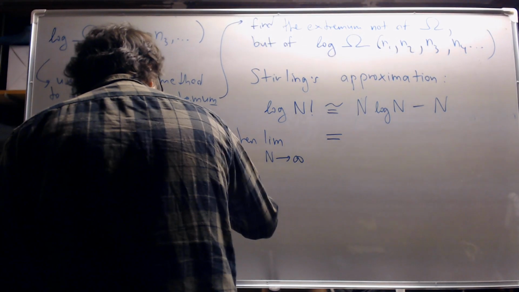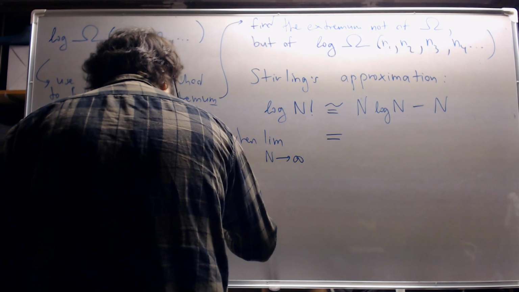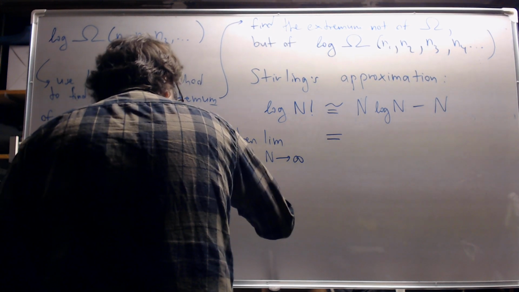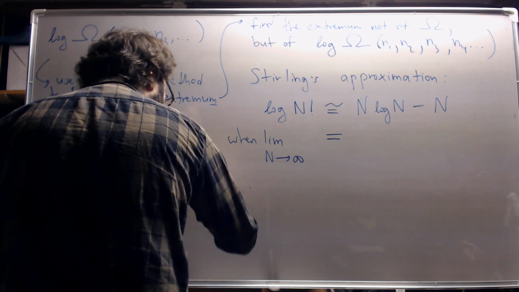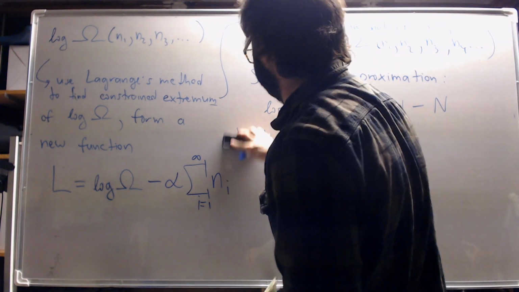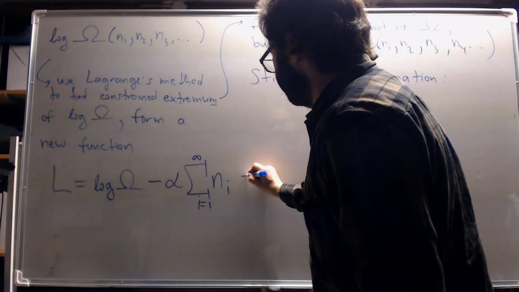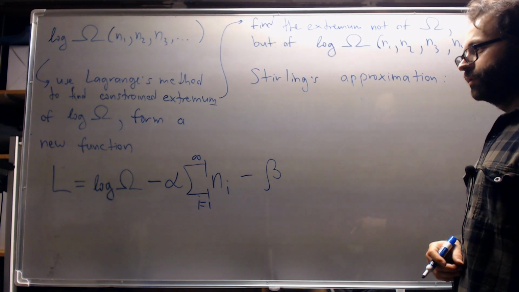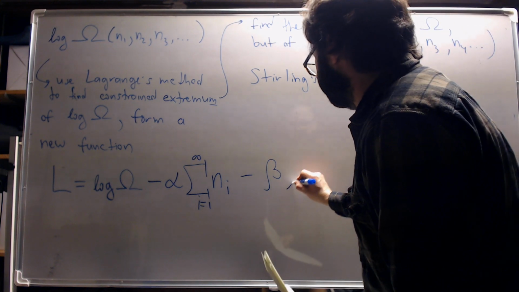multiplied by the first constraint, and I'm going to use the index i, the sum of ni from 1 to infinity. I'm going to write this down, and then again emphasize this: minus the second Lagrange multiplier that we're going to call beta, another constant as far as we're concerned, times the second constraint.